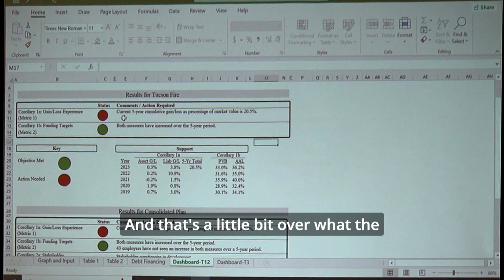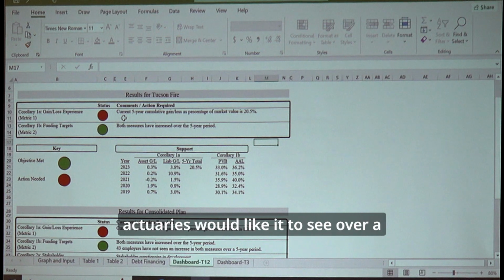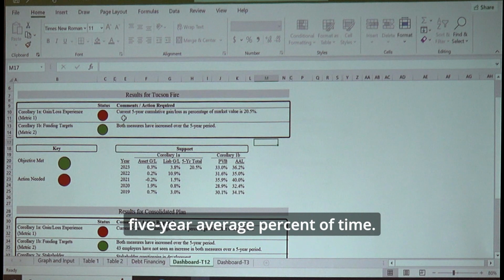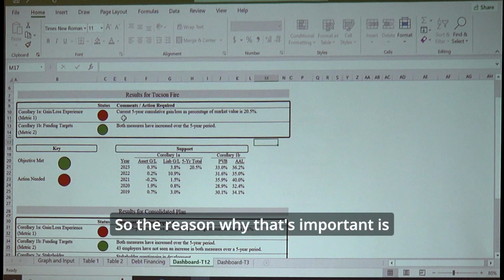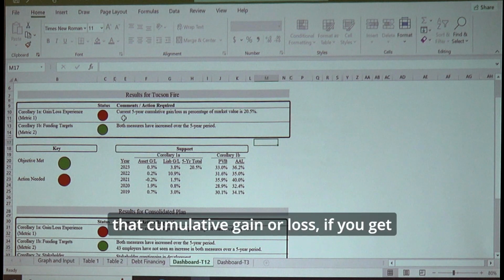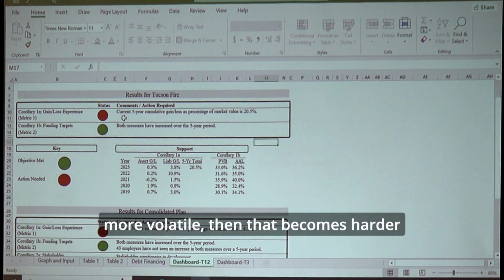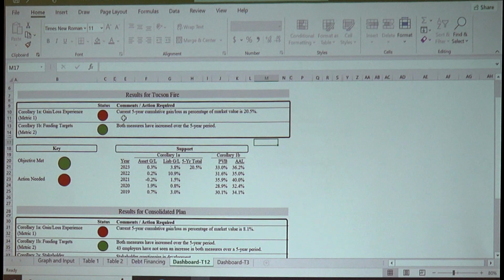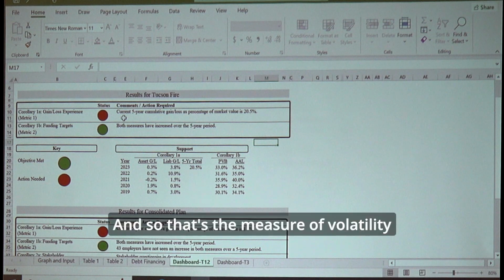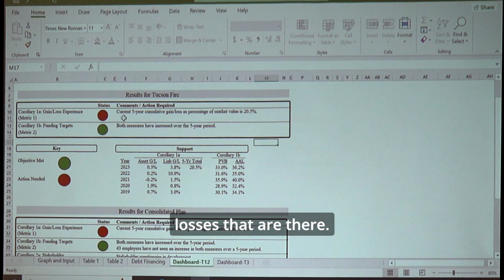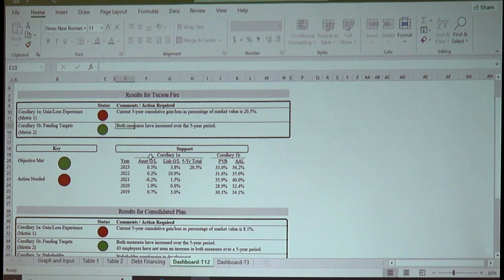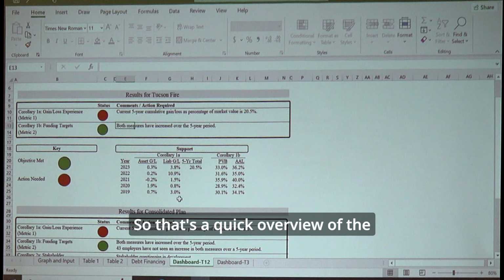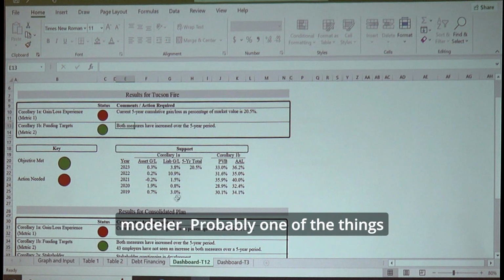And that's a little bit over what the actuaries would like to see over a 5-year average. The reason why that's important is that if the cumulative gain or loss gets more volatile, then that becomes harder to manage. And so that's a measure of volatility on those gains and losses. So that's a quick overview of the modeler.